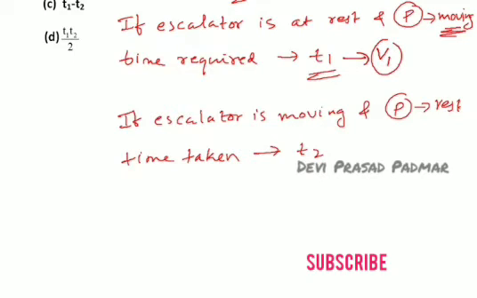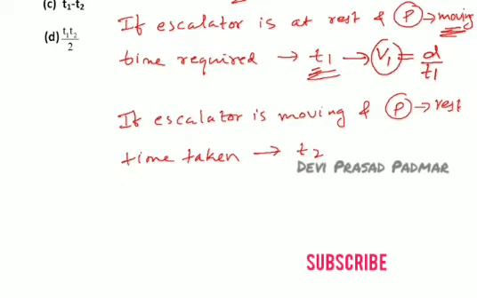Or we can write vp, the speed of Preeti, that is v1. Now speed can be written in terms of time. How? Speed is nothing but distance by time, right? As I said, let's consider the distance as d. Therefore v1 equals d by t1.